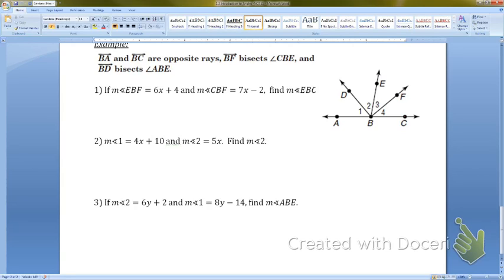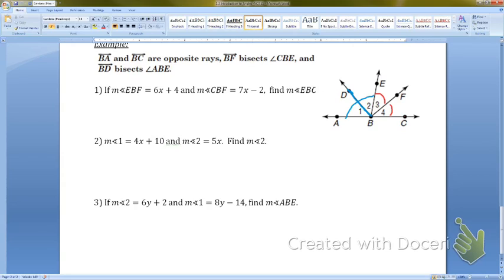So bisect cuts something in half. So I'm going to draw one pair of arcs that represent congruency. Remember yesterday or in the previous lesson we talked about if you have segment bars like this, that means that those segments are congruent. All right, so the same is going to be true with angles, except we draw arcs instead. So then the directions say not only that, but BD over here bisects angle ABE.